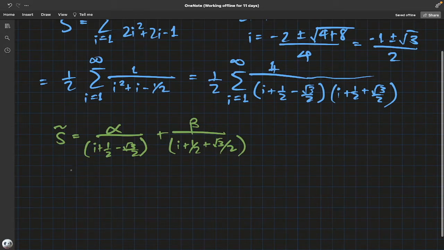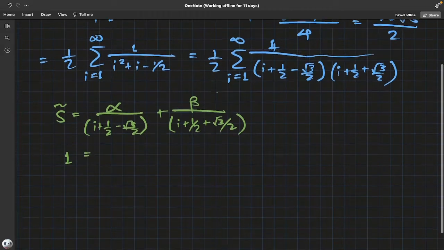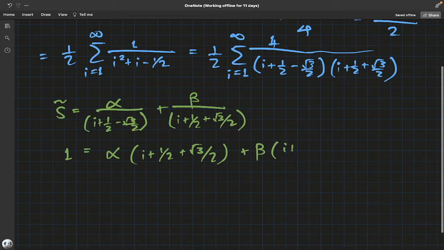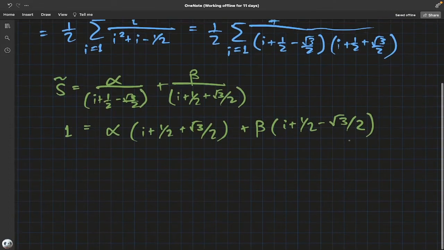And again, we have the factor of 1. I'm forgetting the 1/2 for now because it's outside. Alpha times I plus 1/2 plus root 3 by 2, plus beta times I plus 1/2 minus root 3 over 2.